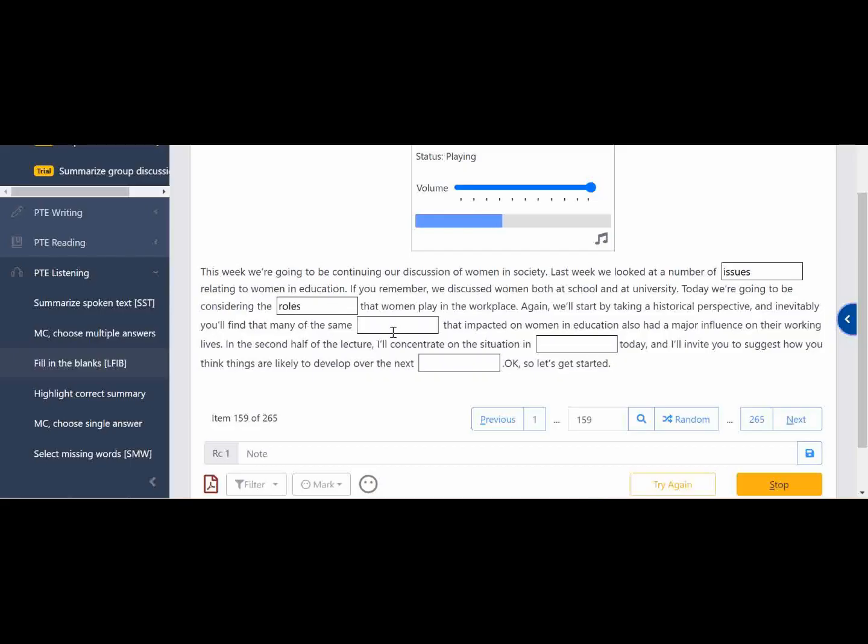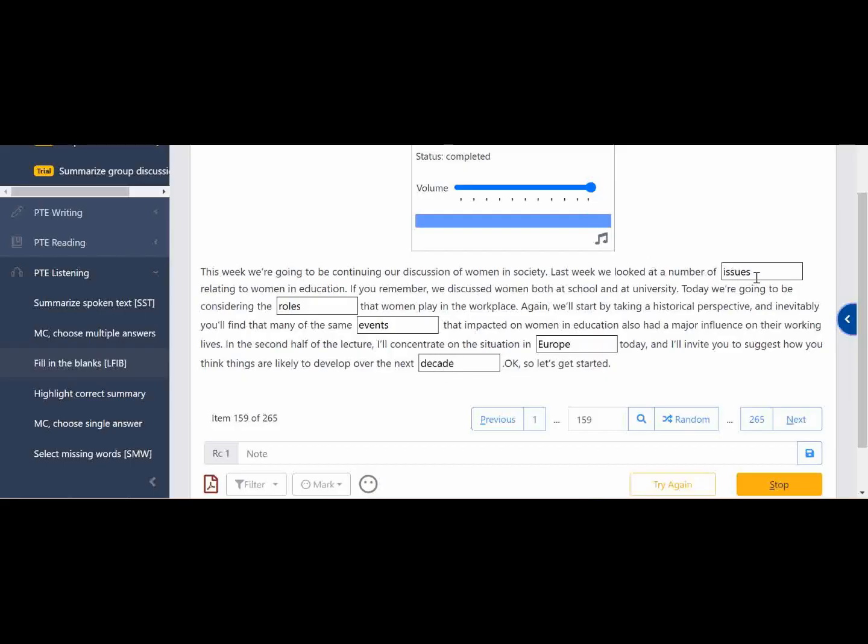Again, we'll start by taking a historical perspective, and inevitably you'll find that many of the same events that impacted on women in education also had a major influence on their working lives. In the second half of the lecture, I'll concentrate on the situation in Europe today, and I'll invite you to suggest how you think things are likely to develop over the next decade. Okay, so let's get started.